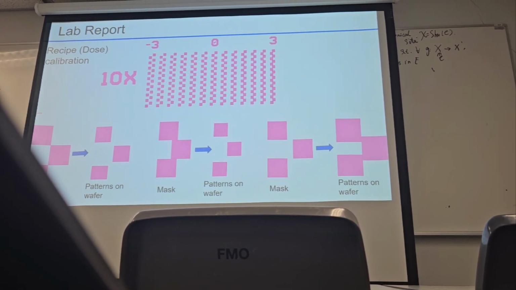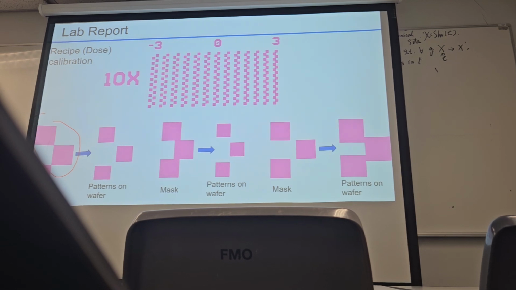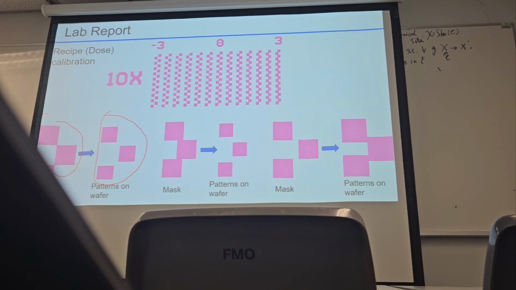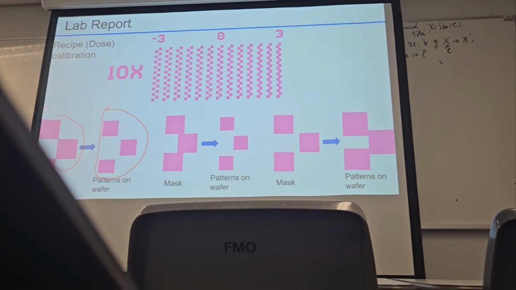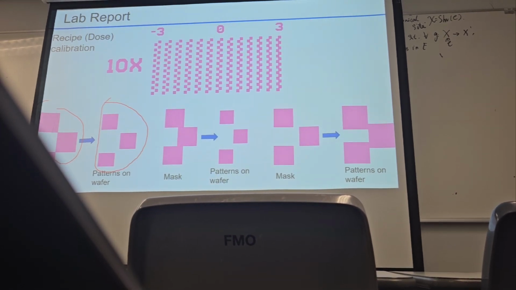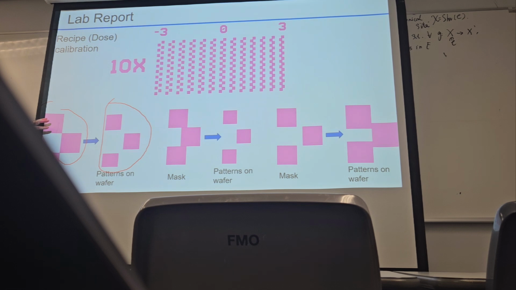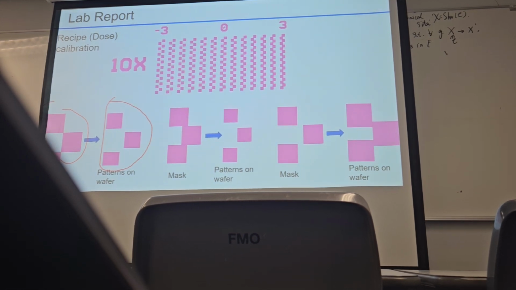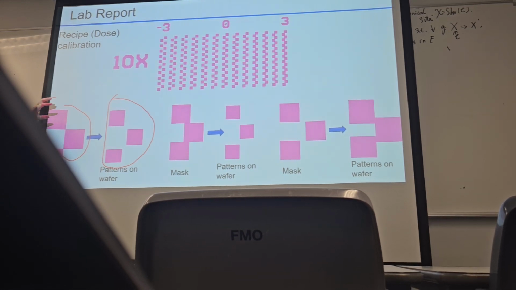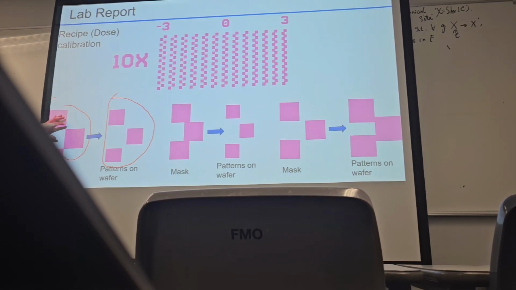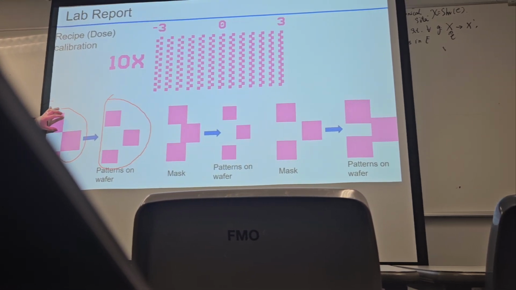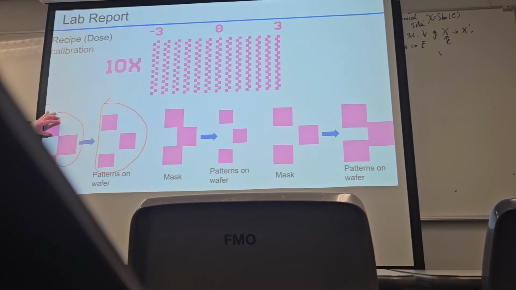For example, this is a pattern in the mask, and after lithography you will get a pattern on the wafer. Let's say the mask is a bright mask, which means here is transparent, and this here is non-transparent, and we use positive PR.